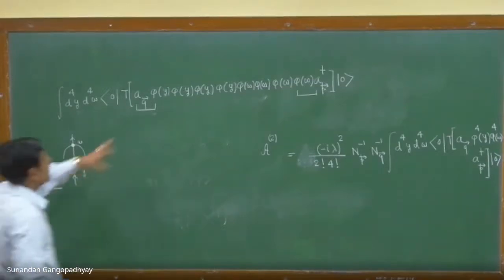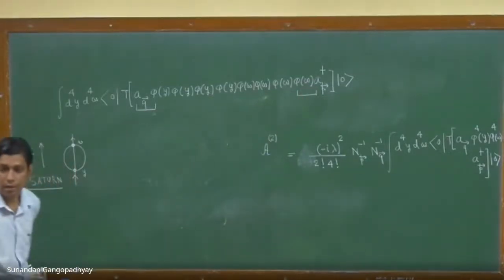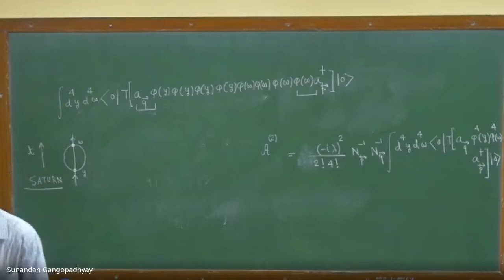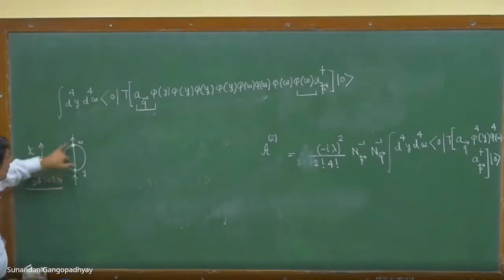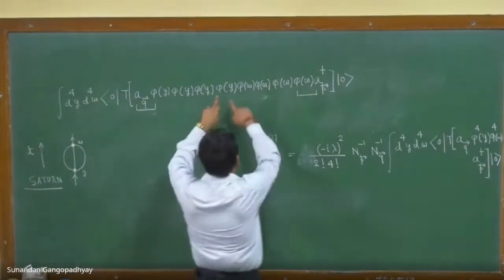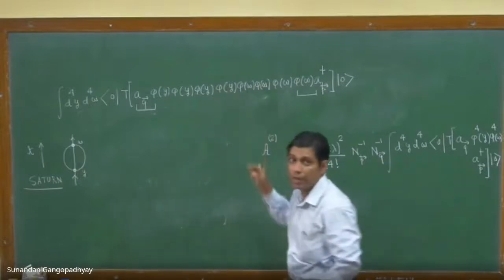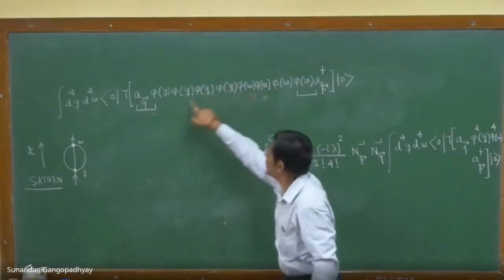So this and this actually correspond to the external lines, the incoming particle or the outgoing particle. And now let us see how you can get the internal lines. Internal lines you can only get by the contraction of one of the phi(y)'s with one of the phi(w)'s, and there are 3 such contractions possible.